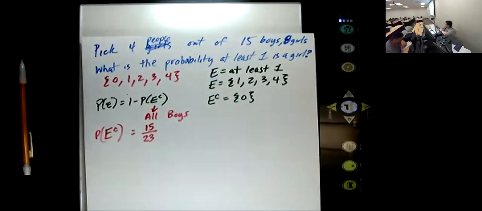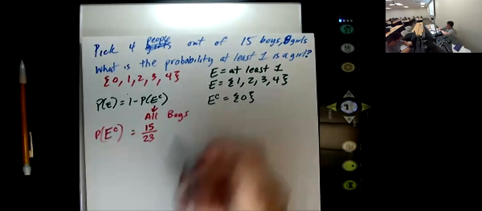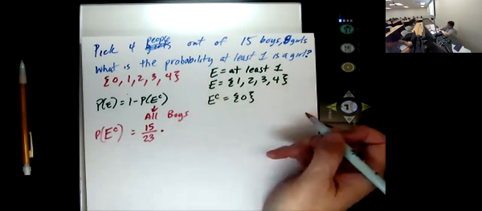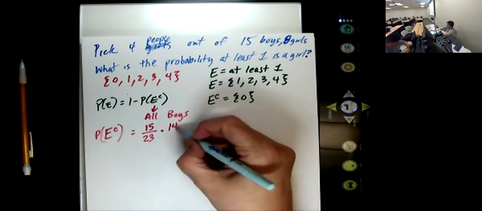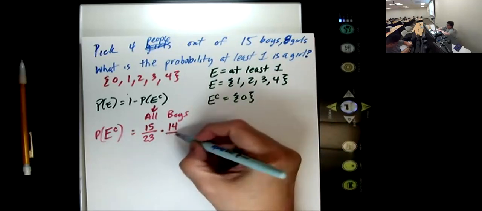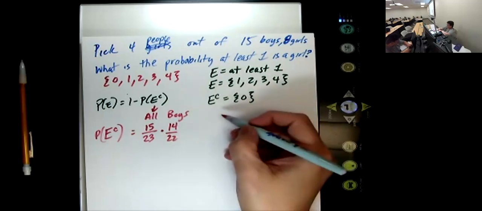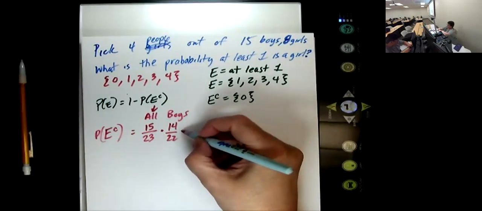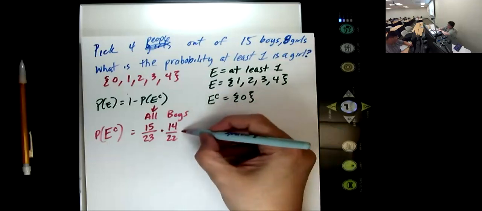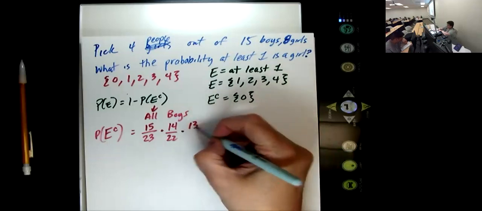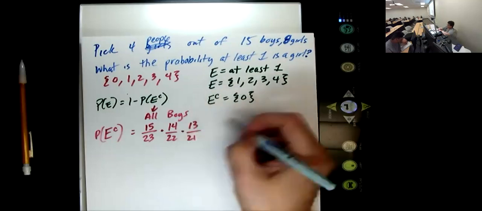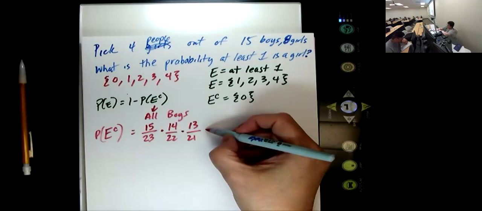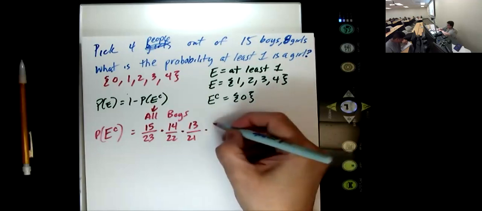So that's the number of ways we could choose it. Then for the second child, we have 14 boys left. There's 22 people left. Then there's 13 boys out of 21 people left. Then there's 12 boys out of 20 left.